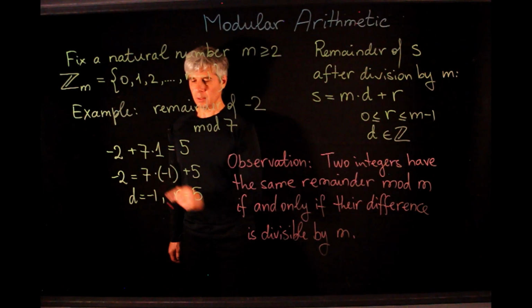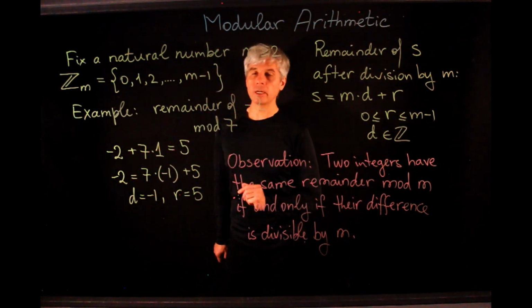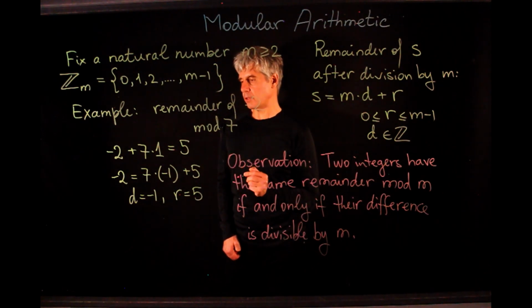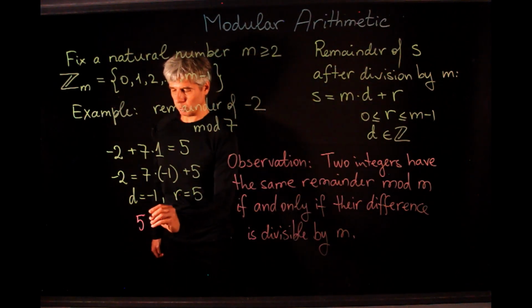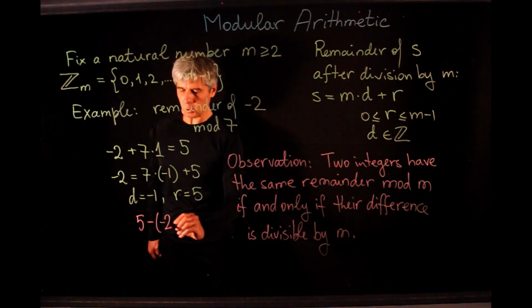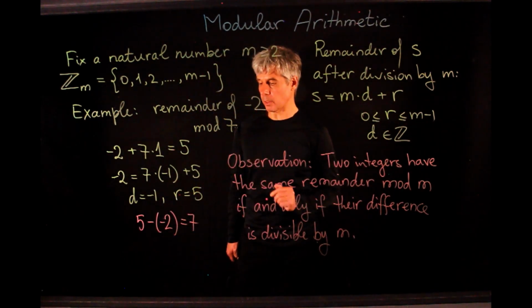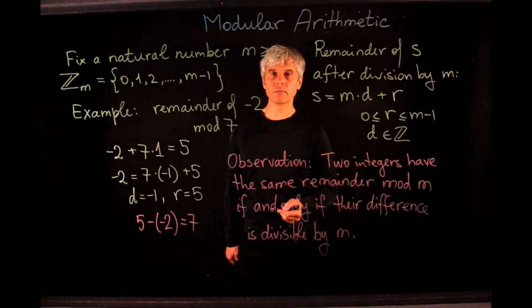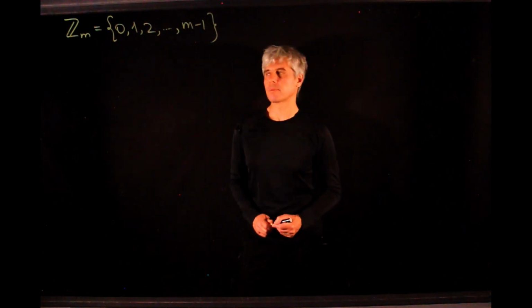Like in this case, here we're saying that negative 2 and 5 have the same remainder after division by 7. And indeed, what's the difference between 5 and negative 2? So 5 minus negative 2, that is 7. Right? So this means that the difference between these two integers is 7, so they have the same remainder mod 7. Let us now discuss addition and multiplication of remainders.